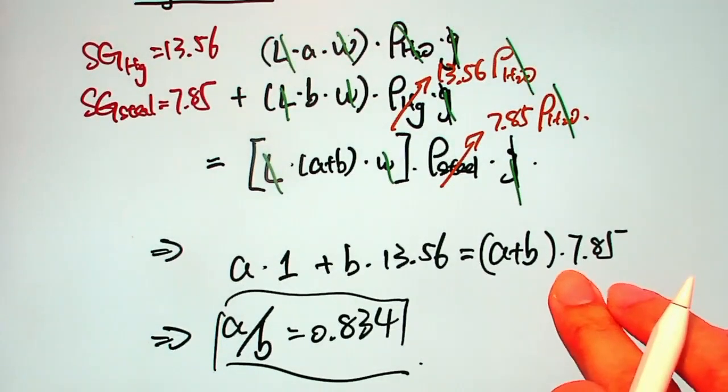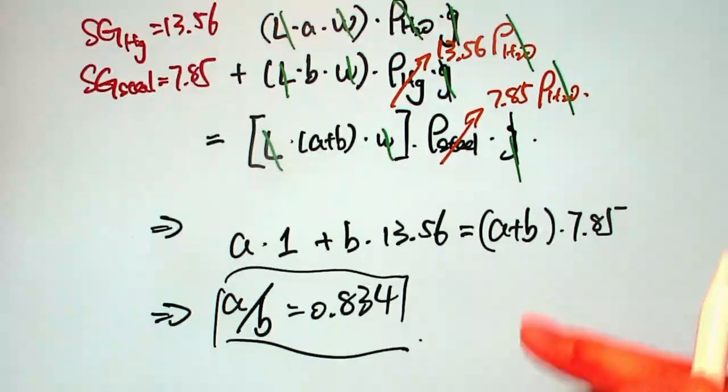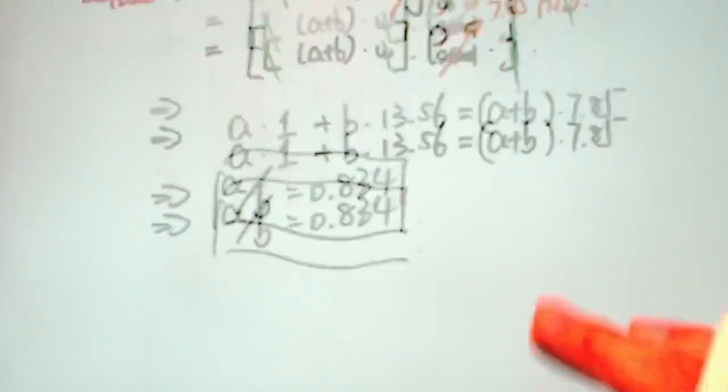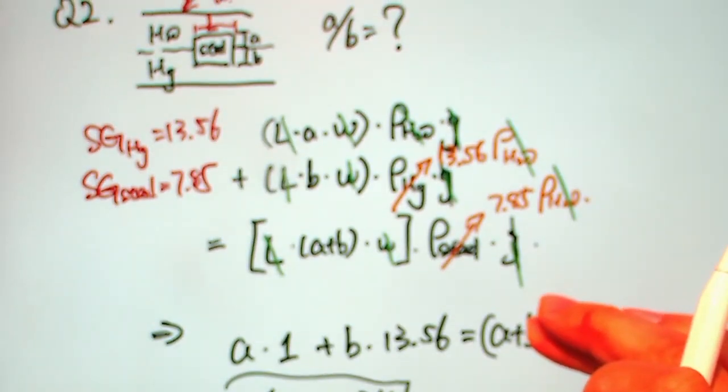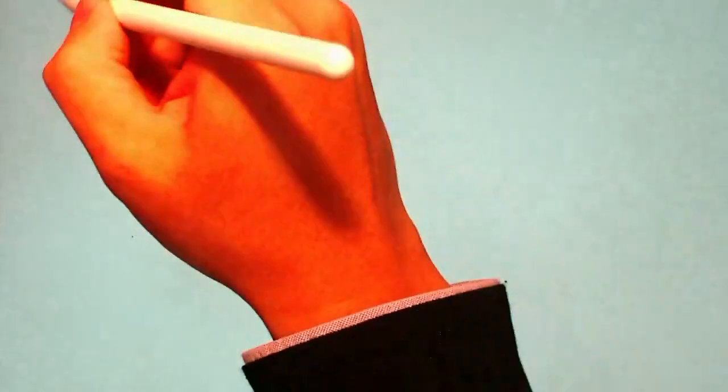So the question asks what will be the ratio of the distance A and B. A is the part in water and B is the part in mercury. So it's like a ratio of the two distances. Exactly. Okay. Any other question? No. Okay. So let's go to Q3.